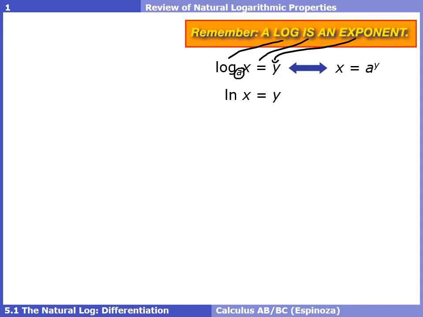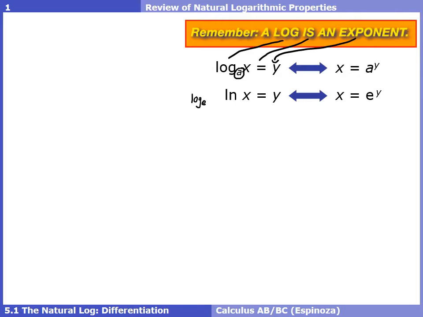What we're going to really focus on this chapter is not just logs, but natural logs. And if you need the little reminder, a natural log is just a regular old log, but it has a very special base of e. So if we want to change a natural log to its exponential form, if we have ln x equals y, we would know that x is equal to e to the y.